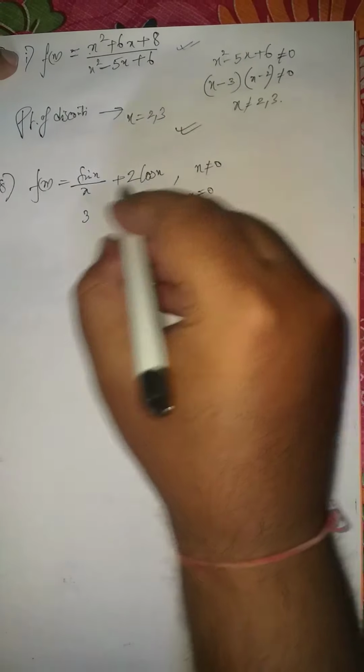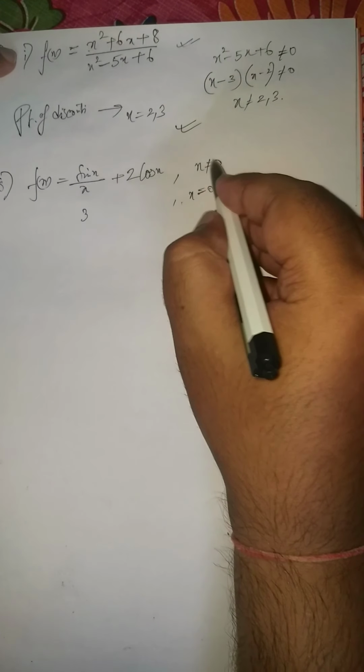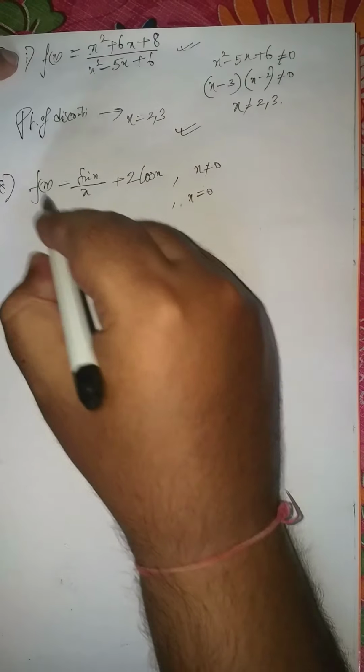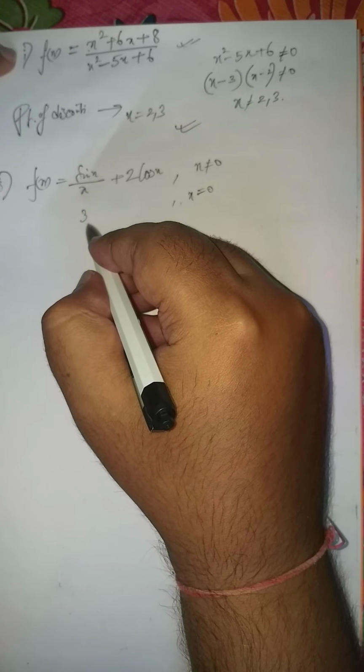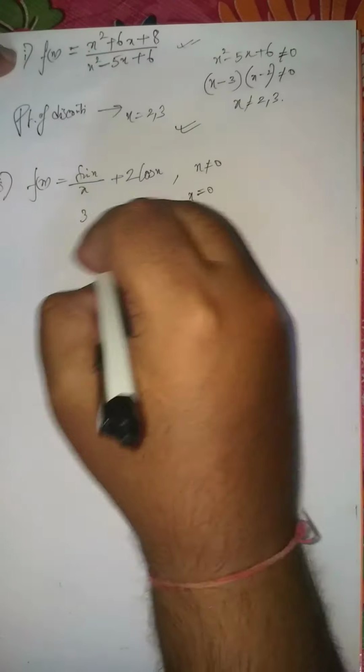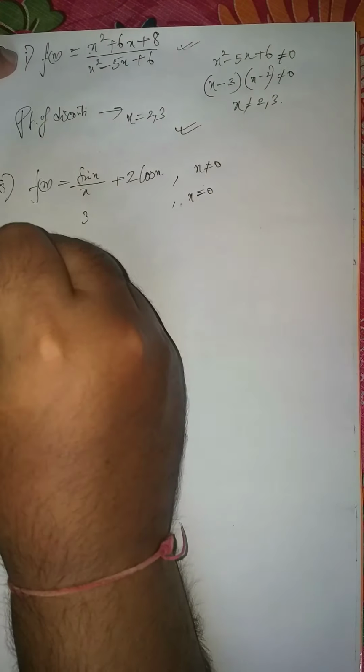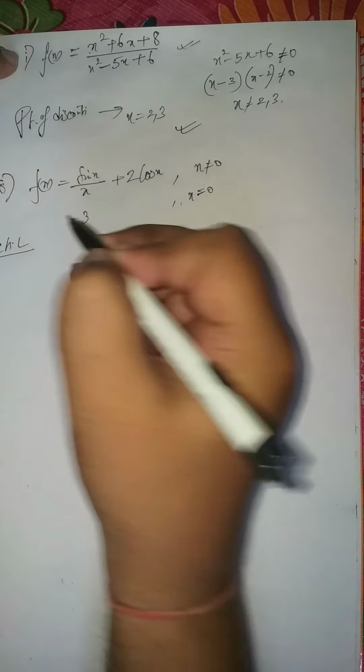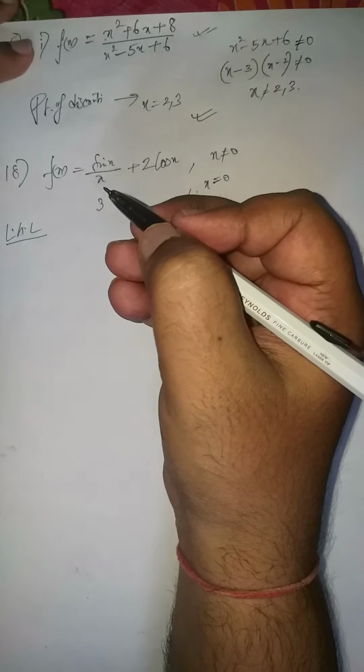So here again one function is defined when x is not equal to 0, and when x equals 0 the function is 3, so that the function is continuous at x equals 0. Again continuity, you have to check for continuity. The first part, LHL. So LHL is what?